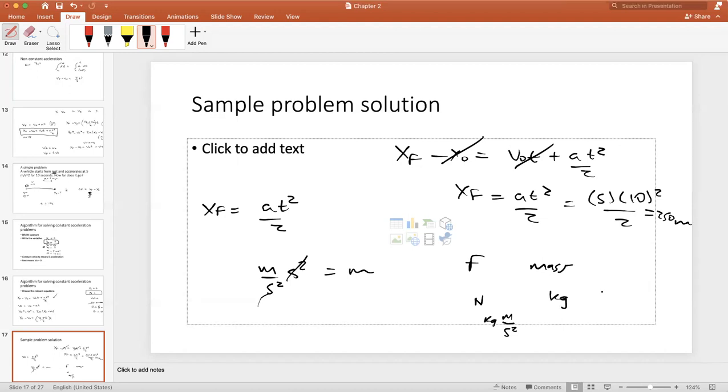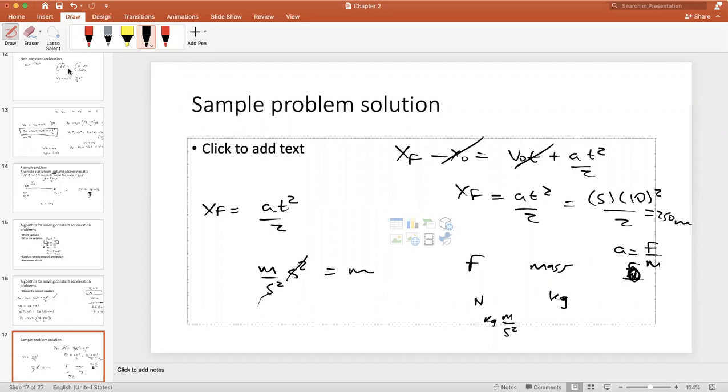Mass is kilograms, so I know that if I divide, A is equal to F divided by M. We'll talk about that more next time when we actually go over Newton's laws, but units are helpful because you don't have to necessarily know an equation. You can figure it out by units and what you're given and what you're asked for.